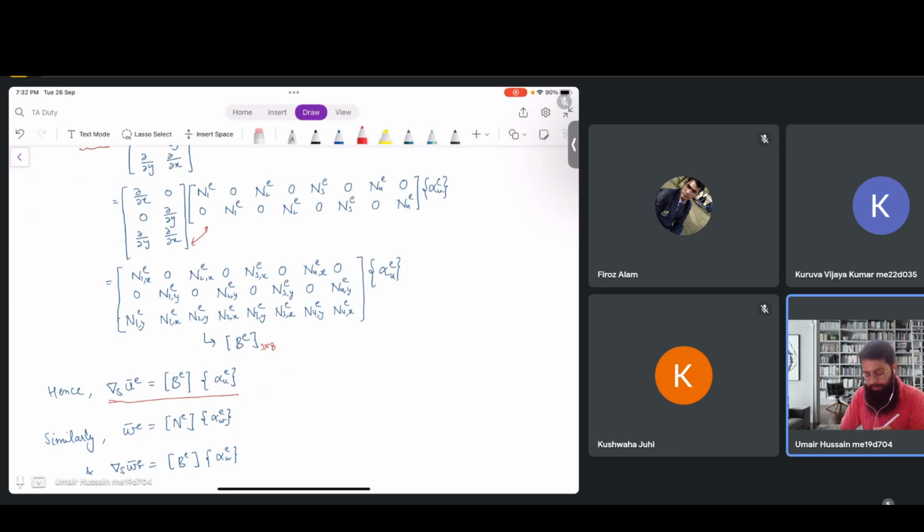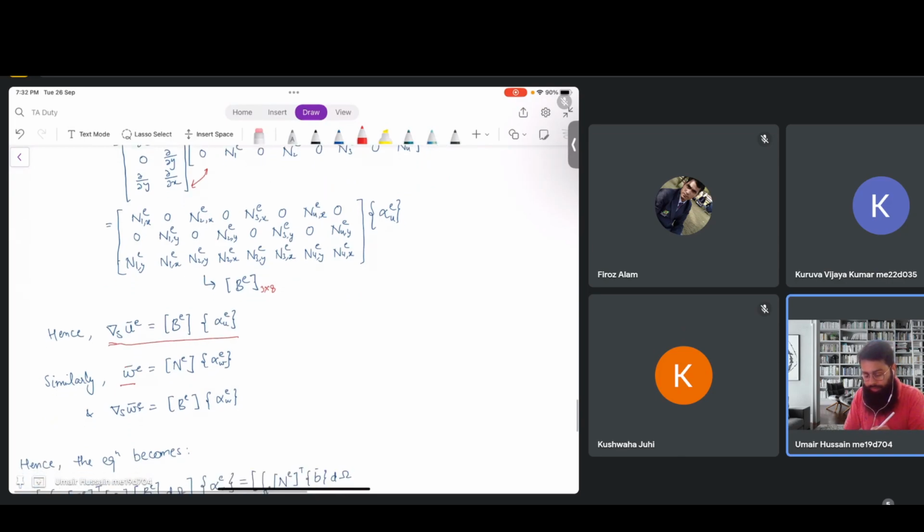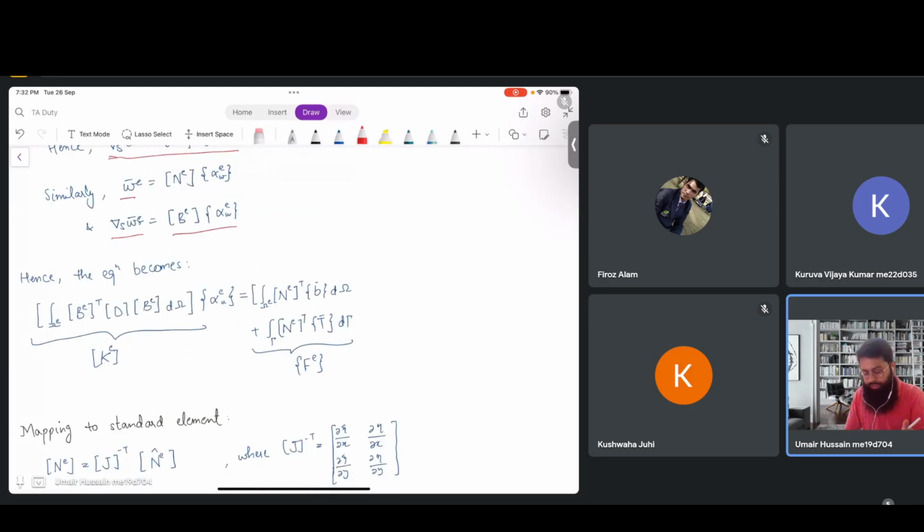And similarly, we can do the same thing for WE. If we want to represent WE, we'll do the same as we did for UE. And if we want to represent del SWE, we'll do the same. So here we have the B matrix and here we have the N matrix. So finally our equation becomes like this.